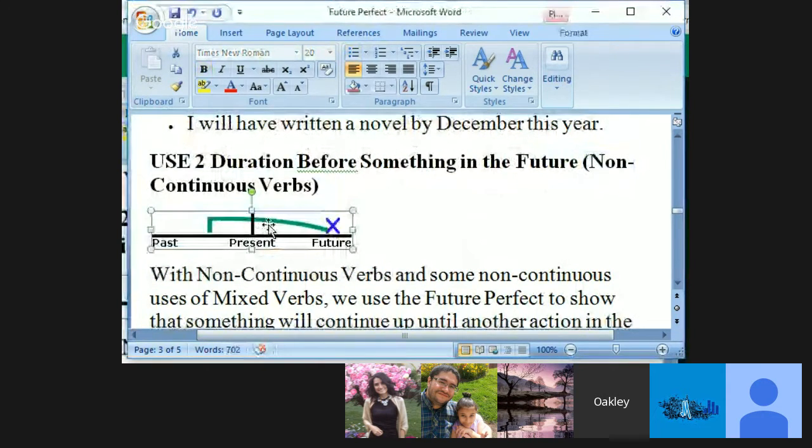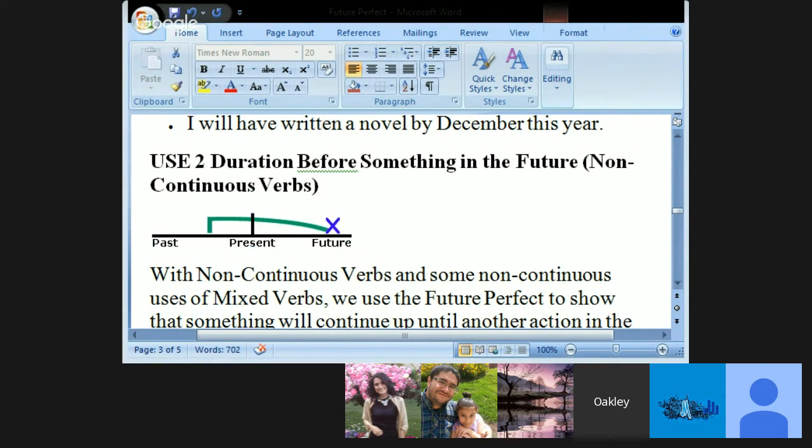So our diagram would look more like this. This is simply because non-continuous verbs are non-continuous. You cannot use the ing form or present participle form for non-continuous verbs. It's just not possible. Most verbs are dynamic, okay, they express an action.